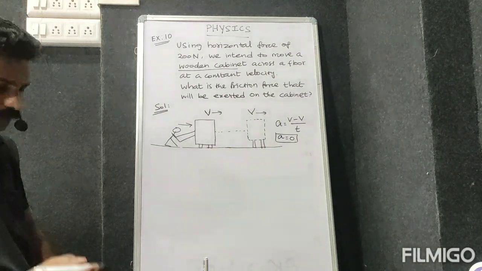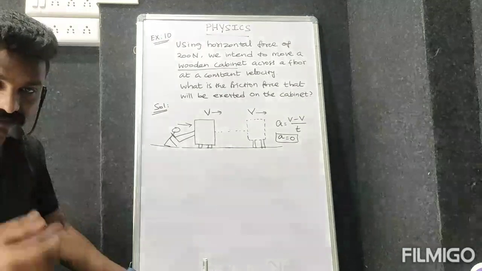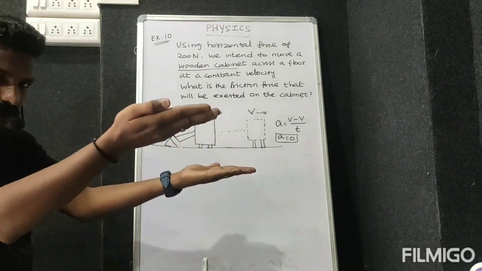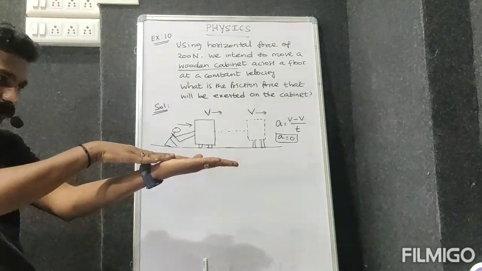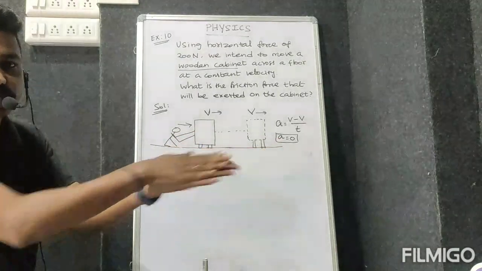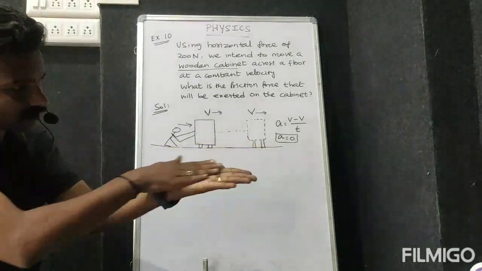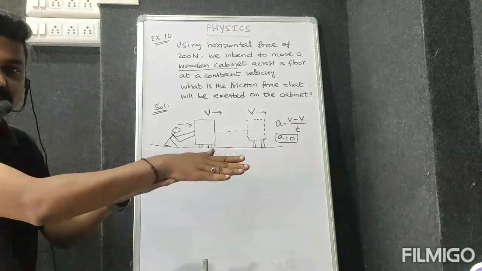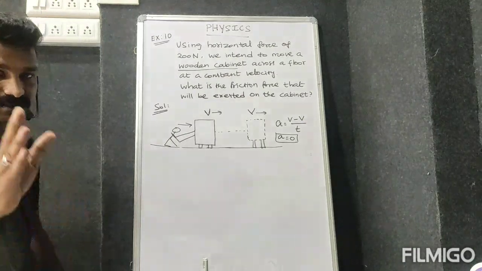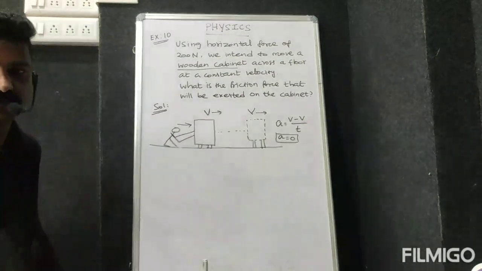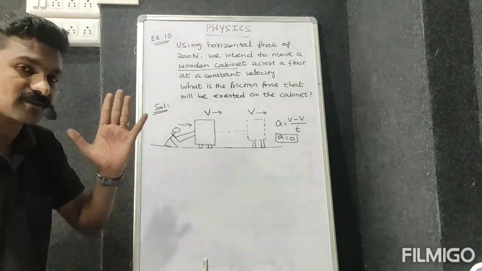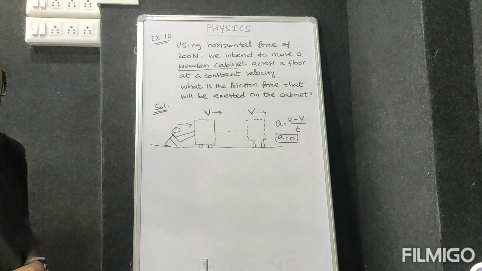When an object is moving on a surface, frictional force is produced, and you can hear some sound. There is a relative motion between the two objects, and that produces frictional force. The net force is the combination of applied force and frictional force.